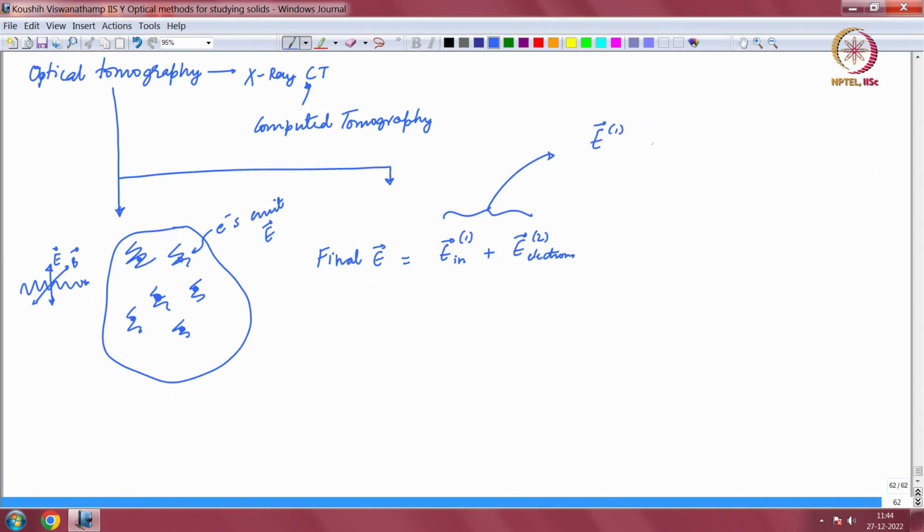So E1 is the incoming and E2 is the one that is generated. If E1 and E2 are completely out of phase, so the phase difference is pi, then there is complete destructive interference between them, and this means that the final E will be 0. So the intensity of the light that you pick up will be 0.